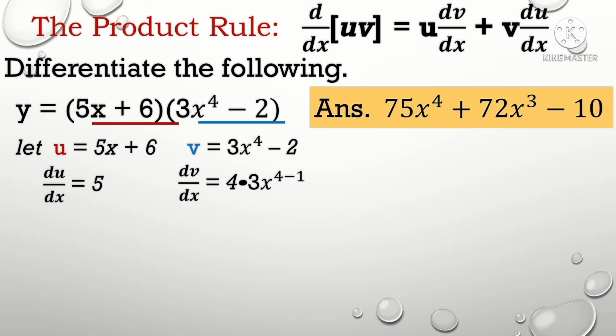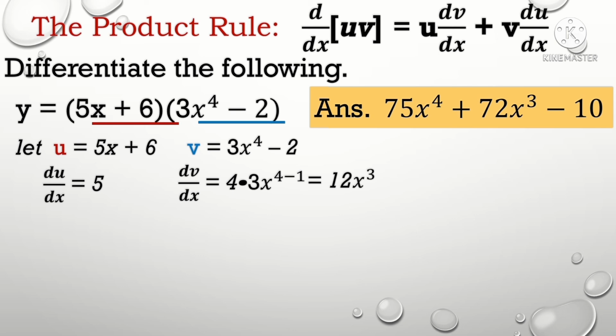So ito po yun, yung exponent times the numerical coefficient, and then x, just copy x raised to 4, provided that you're going to subtract 1. So that's according to the power rule. Okay, so let's simplify. So 4 times 3, that is 12, and 4 minus 1 for the exponent is 3. So that is the derivative of v.